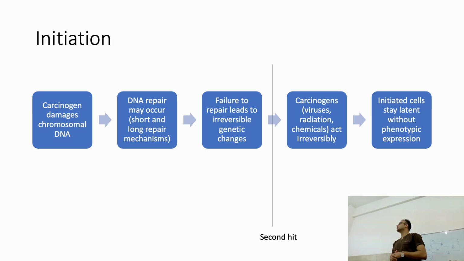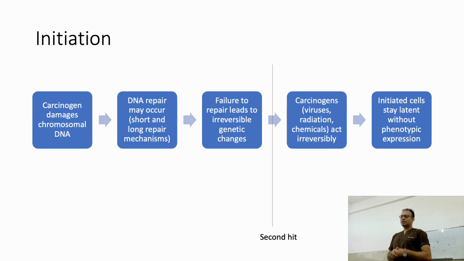So, starting with the initiation, the carcinogens, or any genetic abnormalities, damage the chromosomal DNA. DNA repair usually occurs by the repair mechanisms in the body, which are direct repair or mismatch repair genes.